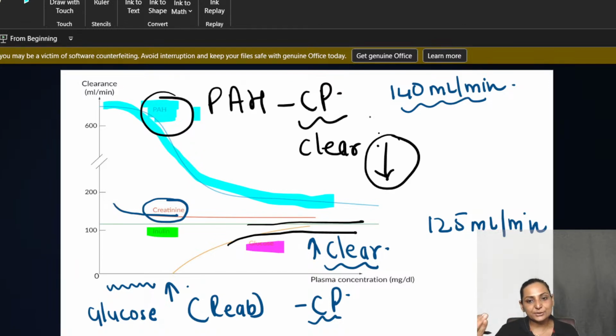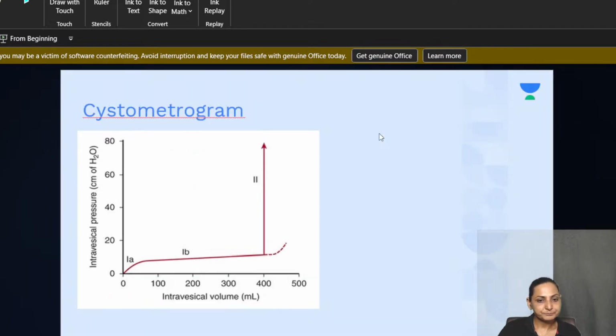Totally opposite to that of glucose. Again, the clearance will be parallel to inulin but never equal to inulin, because inulin is not secreted. So if there is a decrease in clearance, it is a substance which is secreted. If there is an increase in the clearance, it is a substance which is reabsorbed. As simple as that. Next one.